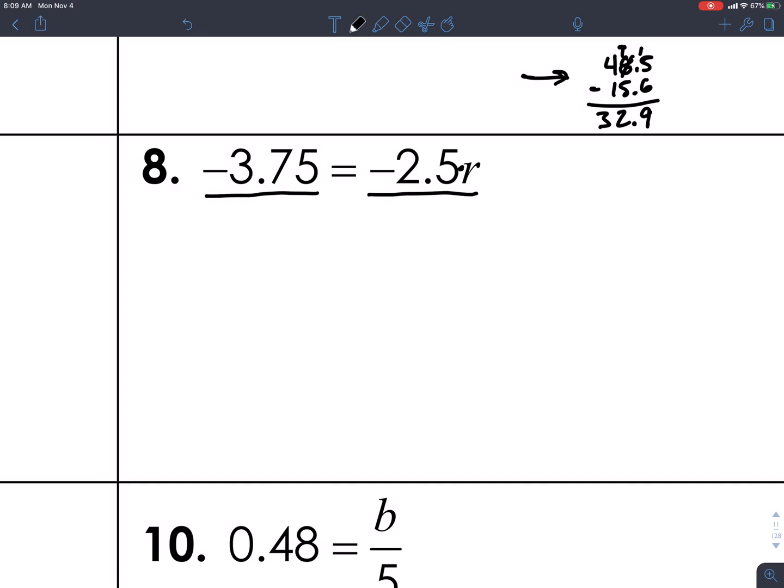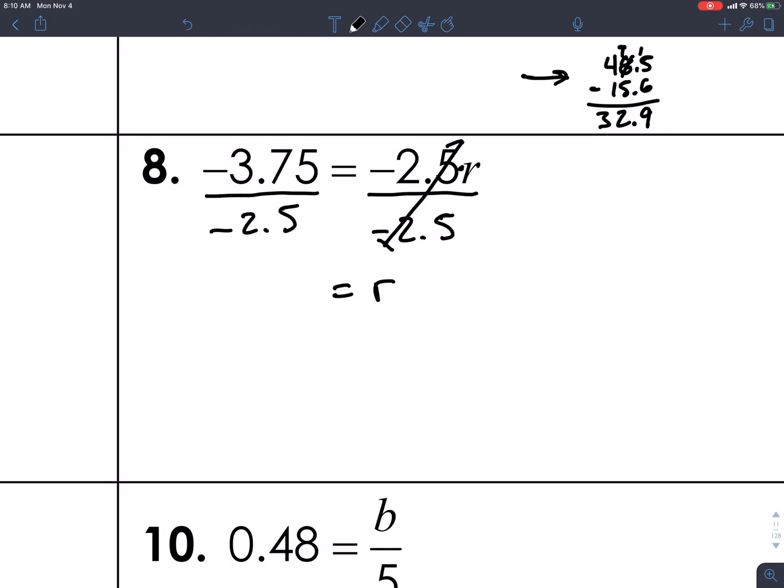The negative 2.5. Negative 2.5. Okay? Because negative 2.5 divided by negative 2.5 gives me really a big, huge 1. Okay, it's 1r. I don't have to write the 1, okay, because I can see how many r's are right there. There's 1r I just wrote.